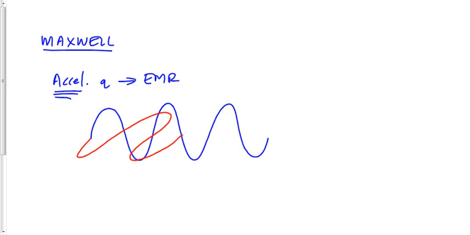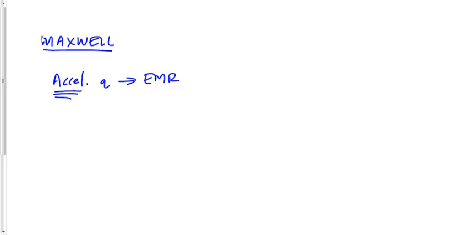And the only way we can get those sine wave magnetic and electric fields is if we have the accelerating charge. A moving charge with uniform motion is going to produce an electric field and a magnetic field, but they're going to be constant values of electric and magnetic fields. And that's not what we want for EMR. Why is it important to have these sinusoidal waves?